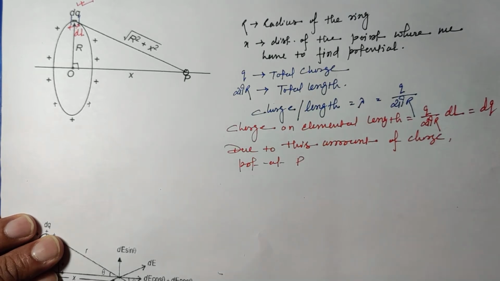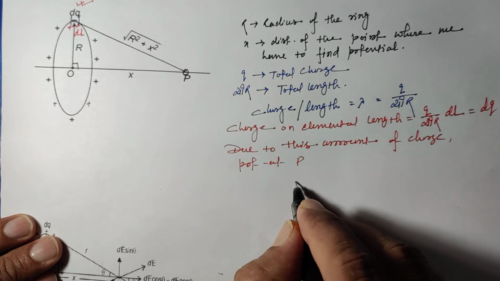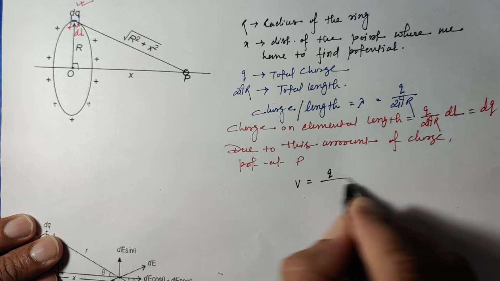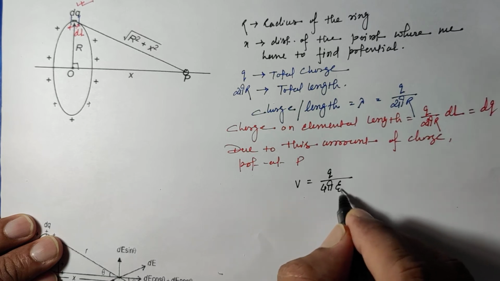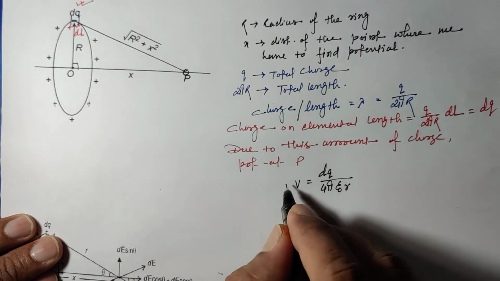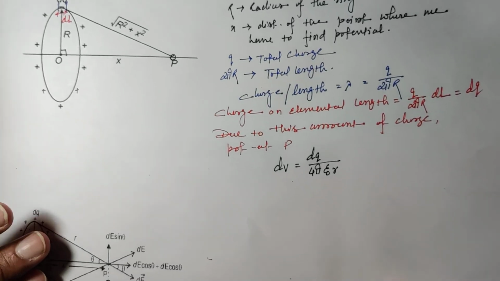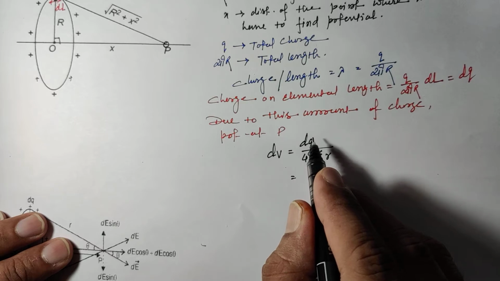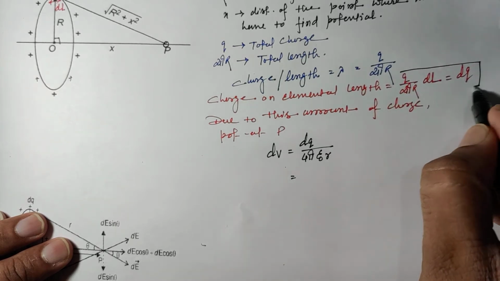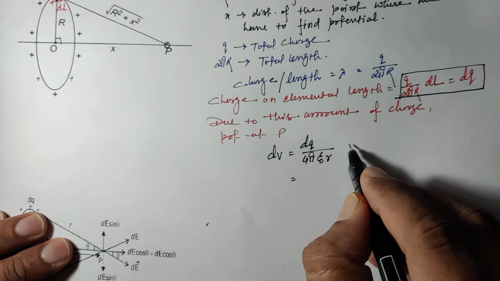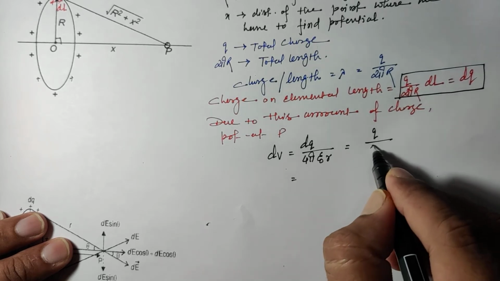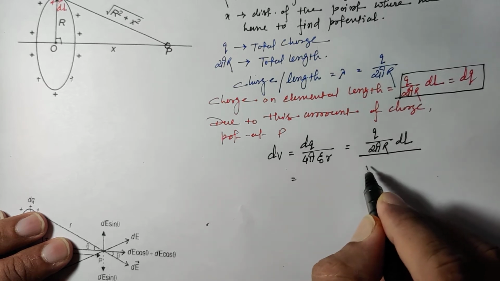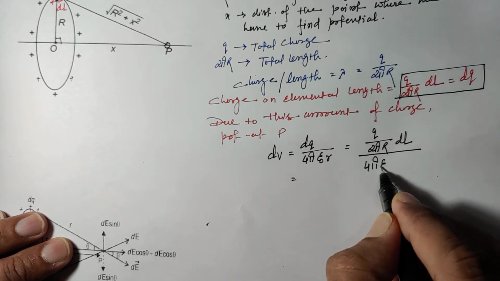we know the formula, potential is equal to charge divided by 4 pi epsilon naught into distance, but here the charge is small, so the potential will also be very small. Now putting the value of dq, which has already been obtained, we will get Q by 2 pi R into dl whole divided by 4 pi epsilon naught.